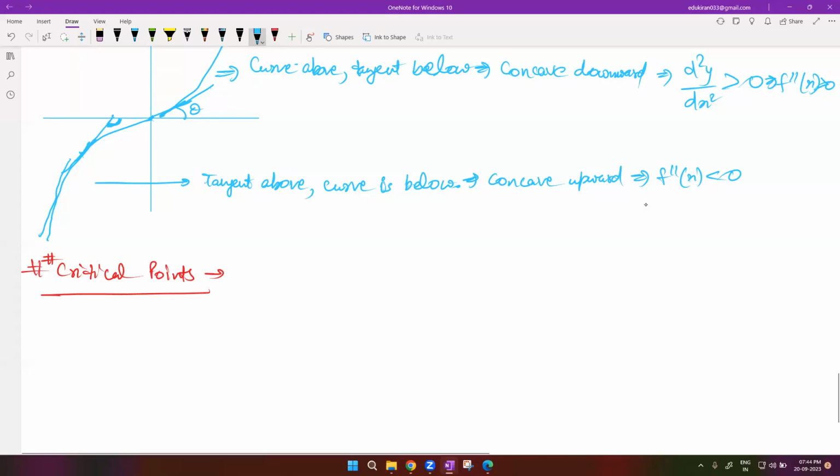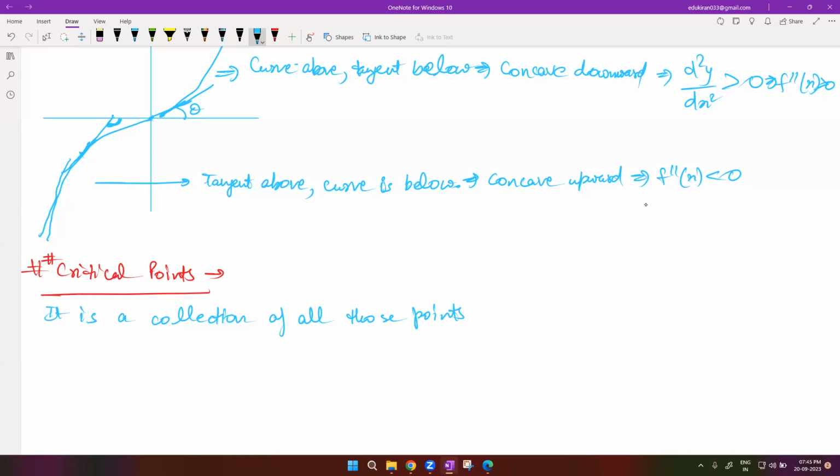So critical points is a collection of all those points. Now, if you have a function f x, and for f x you want to find out critical points, then a point, if a point is a critical point, it needs to fulfill some conditions.